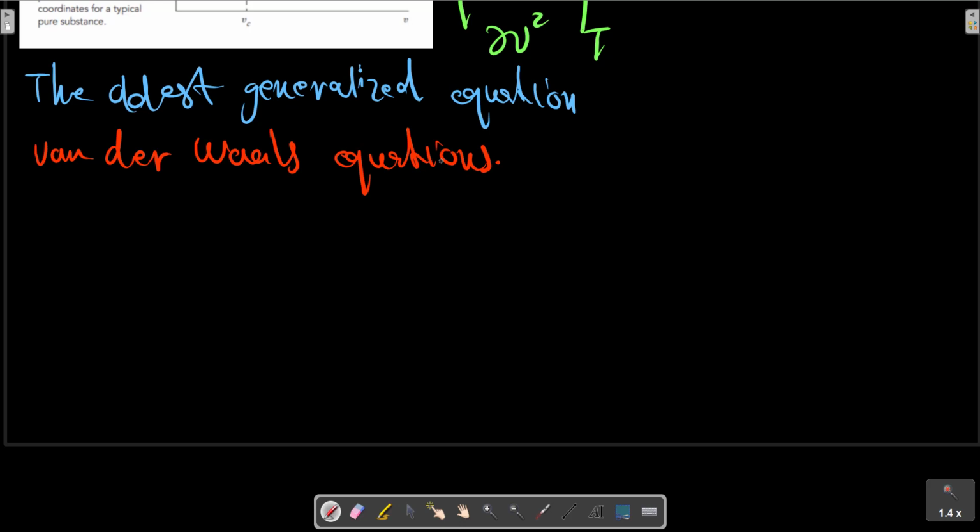is a member of the class of equations of state known as cubic equations.